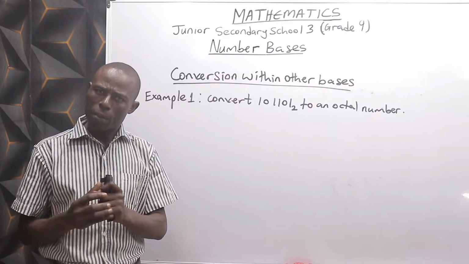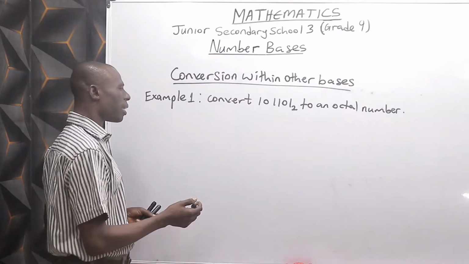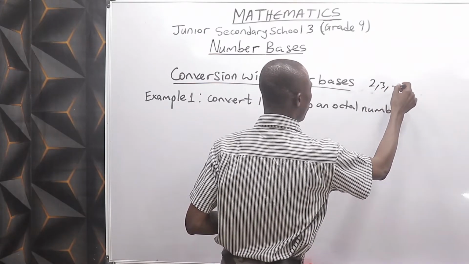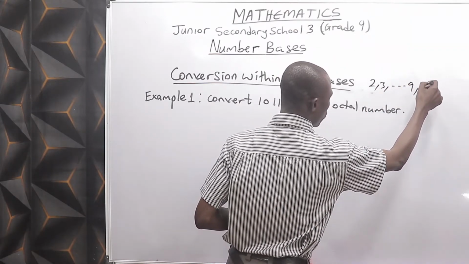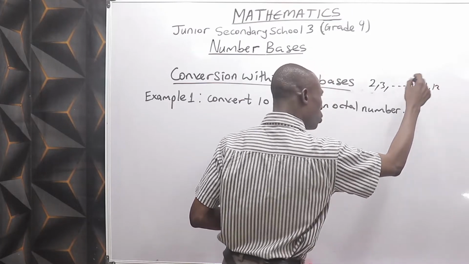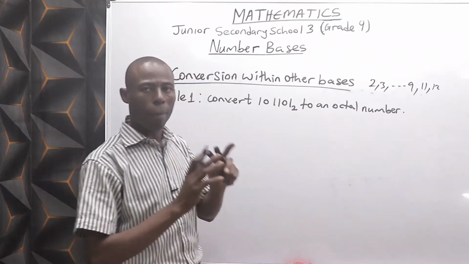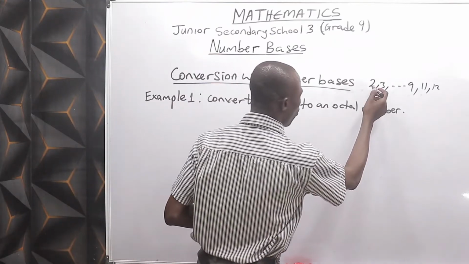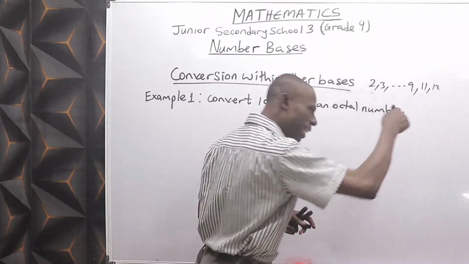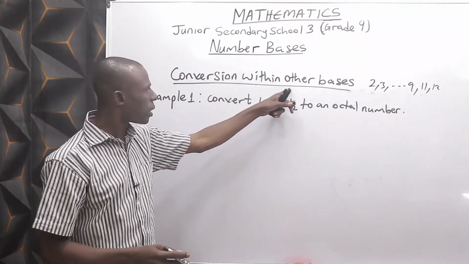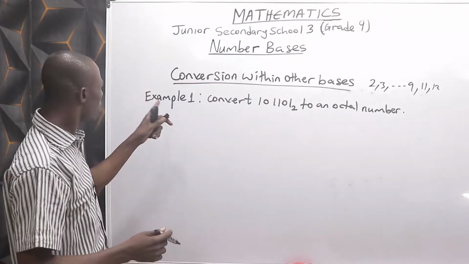When I say within order bases, I mean I have told you that order bases are from base 2, 3, up to 9, 10, if you use 11, 12, just with the exception of base 10, they are all order bases. So when you convert from one of them to another still among them, then we consider conversion within order bases.